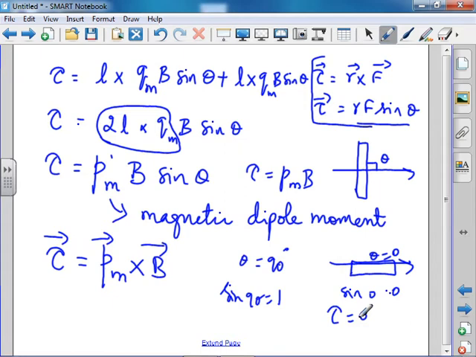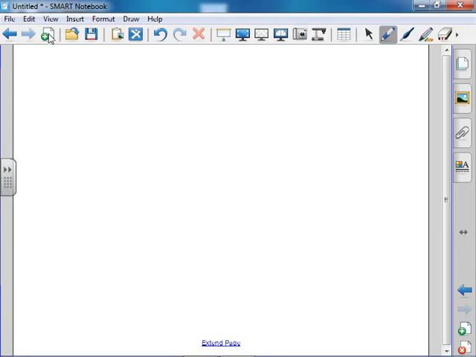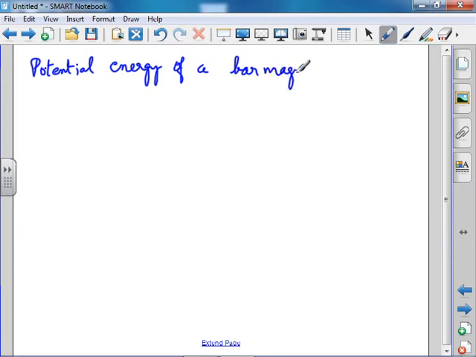The next topic we are going to study is the potential energy of a bar magnet in a uniform magnetic field.